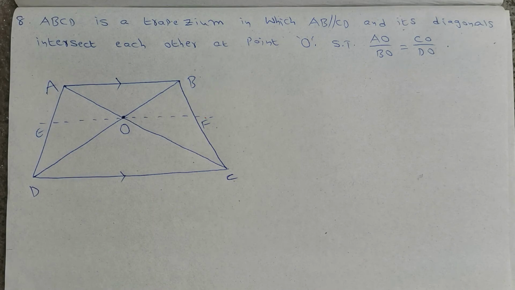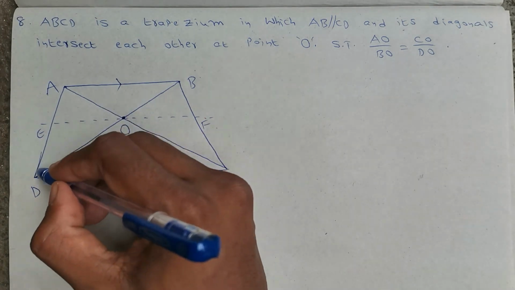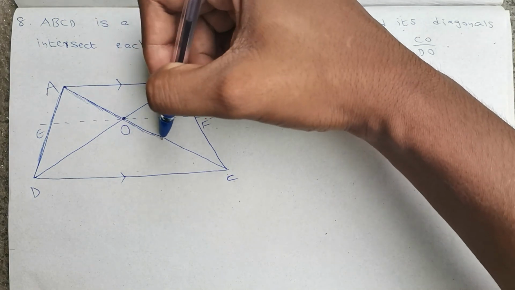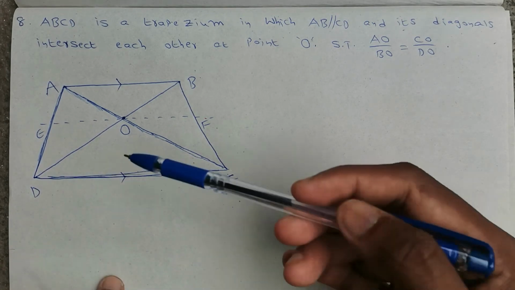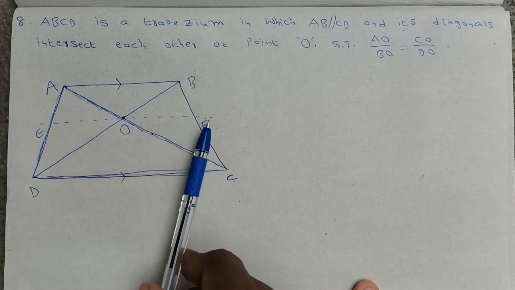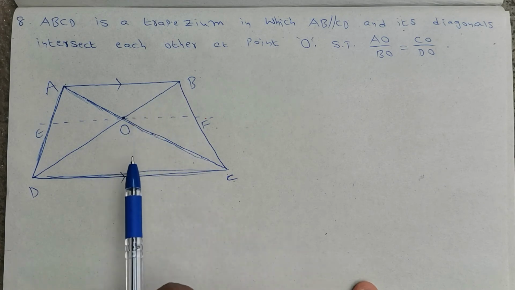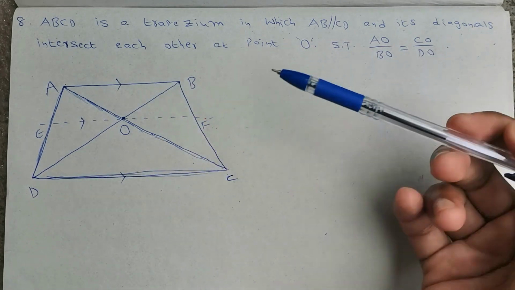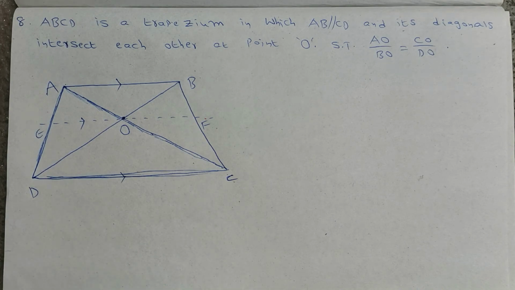Now if we observe triangle ACD, I draw one imaginary line, that is EF, which is parallel to the line AB as well as to CD. Now in triangle ACD, this EO is parallel to DC, then we can apply BPT.